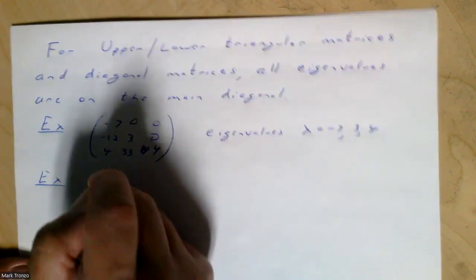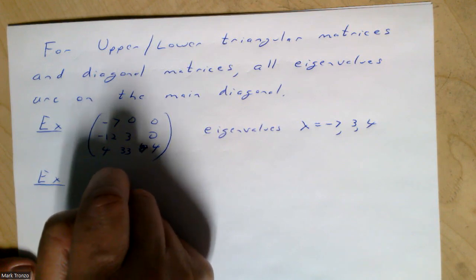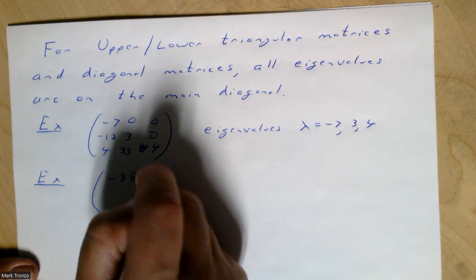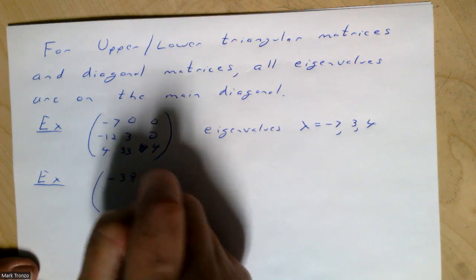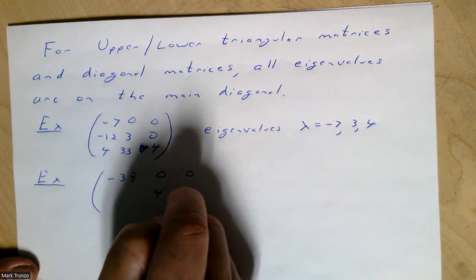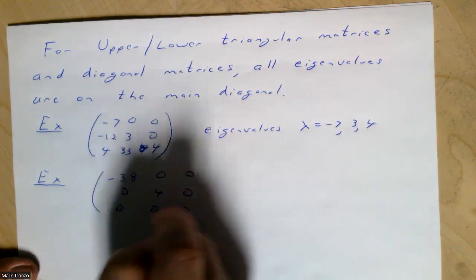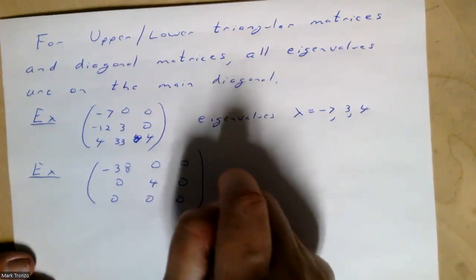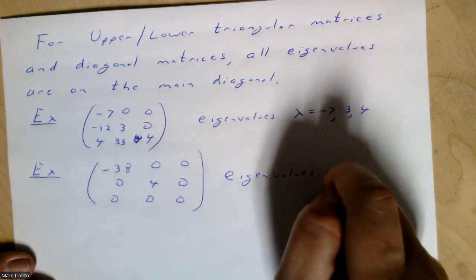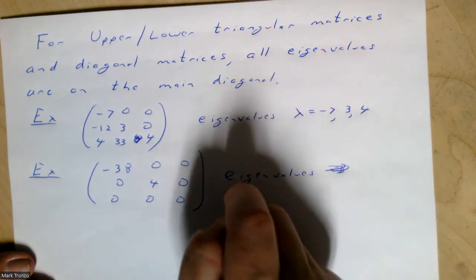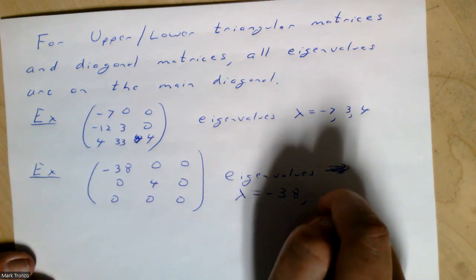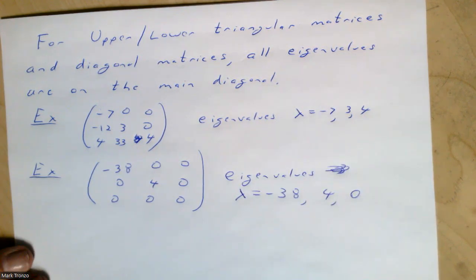Or if you have a diagonal matrix, the eigenvalues are going to be -38, 4, and 0.